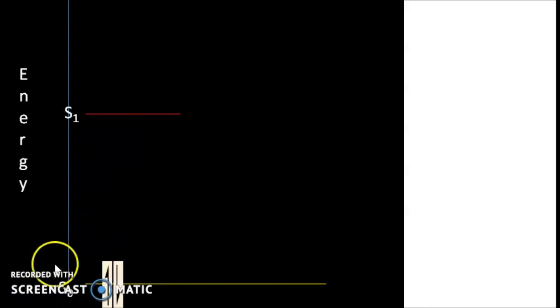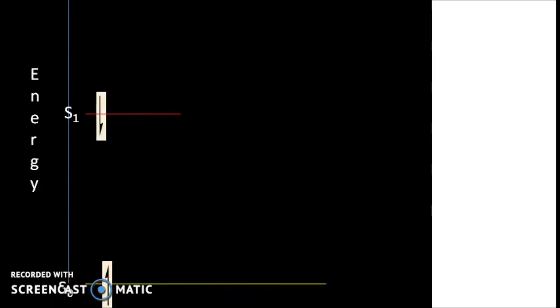Alright, and you have the electron pair over here with antiparallel spins, singlet state. You are irradiating it with light rays. What happens? One of the electrons jumps to the singlet excited state, okay, with the same spin.